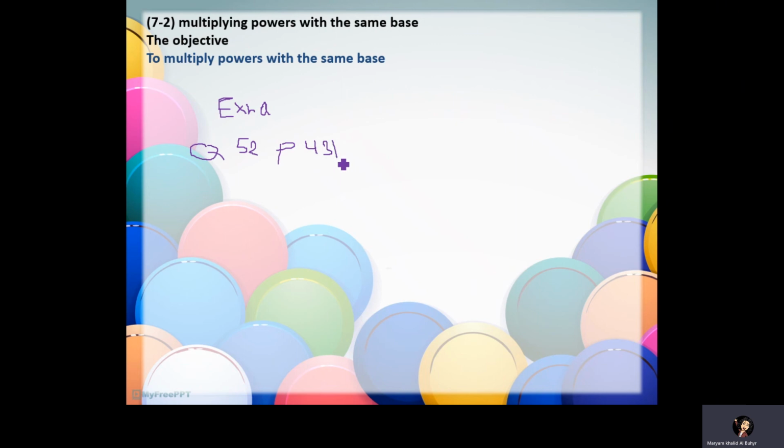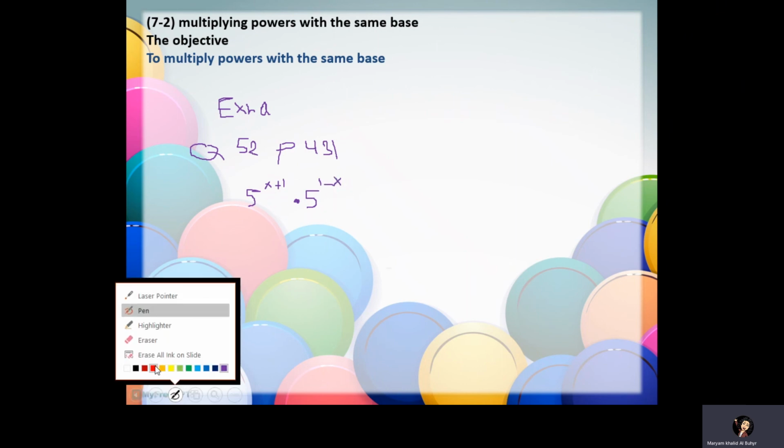The question says simplify each expression. The expression is 5 to the power x plus 1 times 5 to the power 1 minus x. Are you scared if you have something like this?